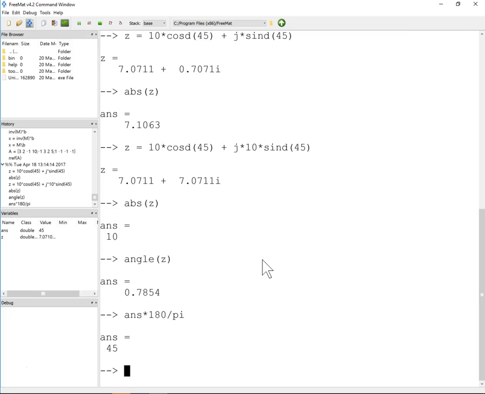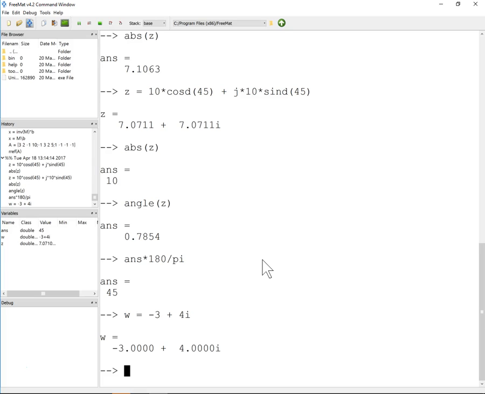Now the thing that I was about to talk about is this idea of if you're using your calculator. Suppose you end up with a complex number, let's call this W, and maybe it's minus 3 plus 4i.